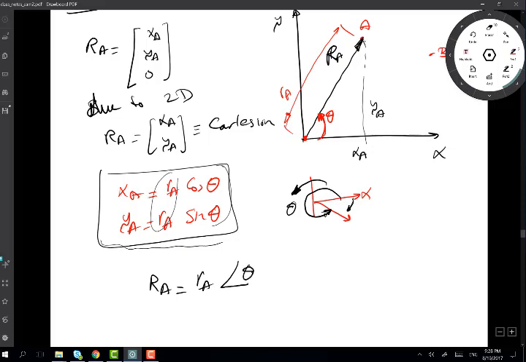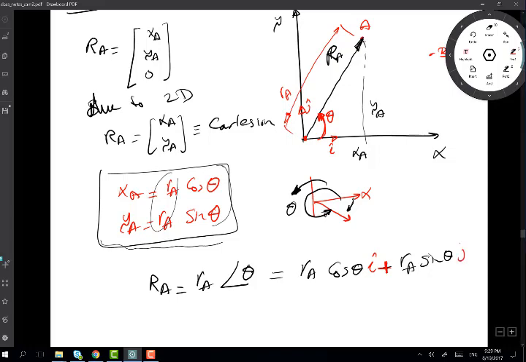When you look at this representation, you know it is RA cosine theta in the direction of x, and RA sine theta in the direction of y. Because I don't want those to be added, I say the x direction has a unit vector directed along it, I call it the vector i, and the y direction has a little vector along it, call it vector j.